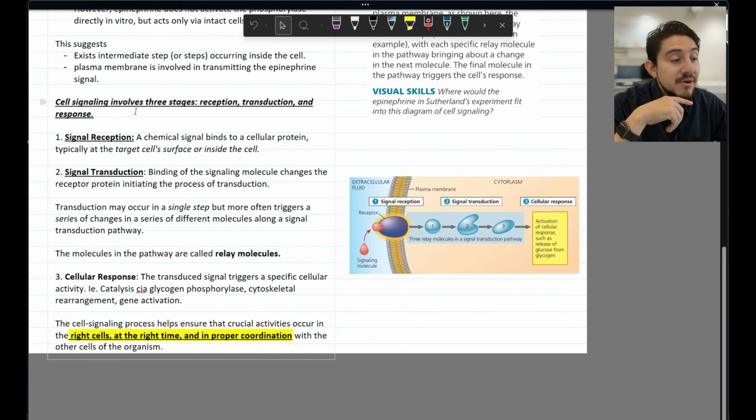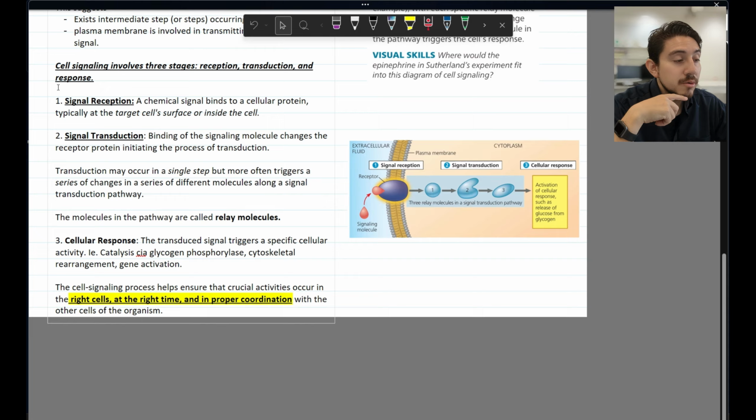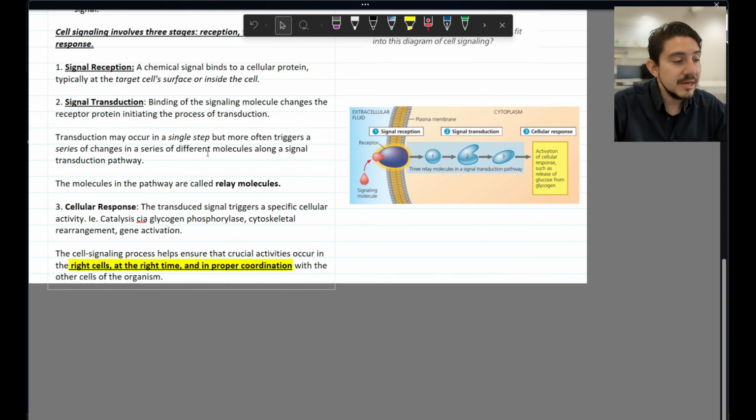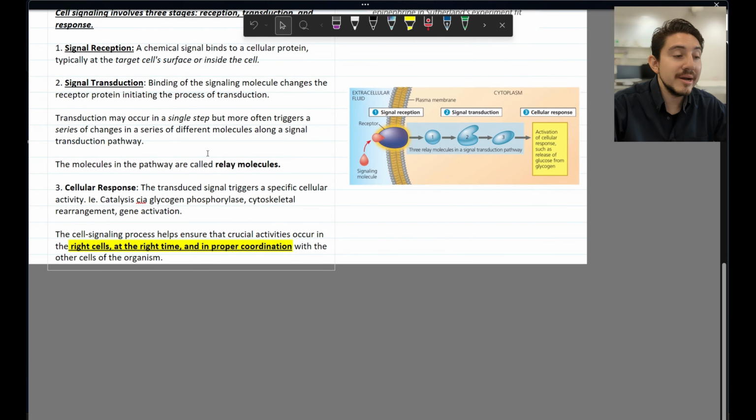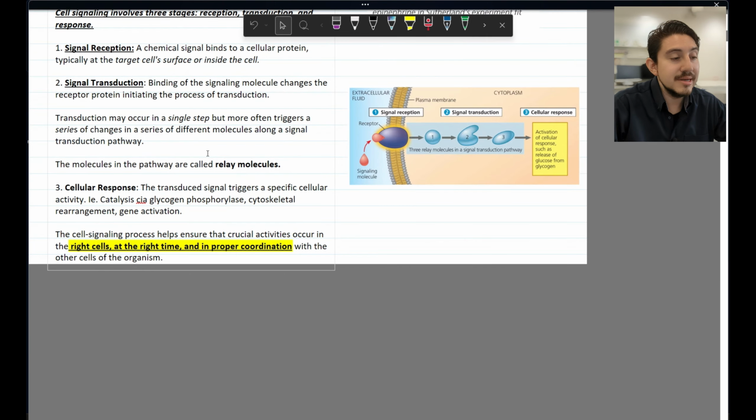So cell signaling involves three stages: reception, transduction, and response. Okay, so signal reception. What happens in this particular case? You have a chemical signal that binds to a cellular protein, typically at a target cell surface or inside the cell. Signal binding changes the receptor protein, initiating the process of signal transduction.